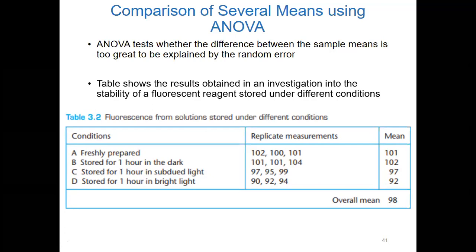That means there's no big difference between the sample means. If all the solutions come from the same population, there cannot be a difference in the mean. So we have to assume all samples come from the same population and there's no big difference between means.